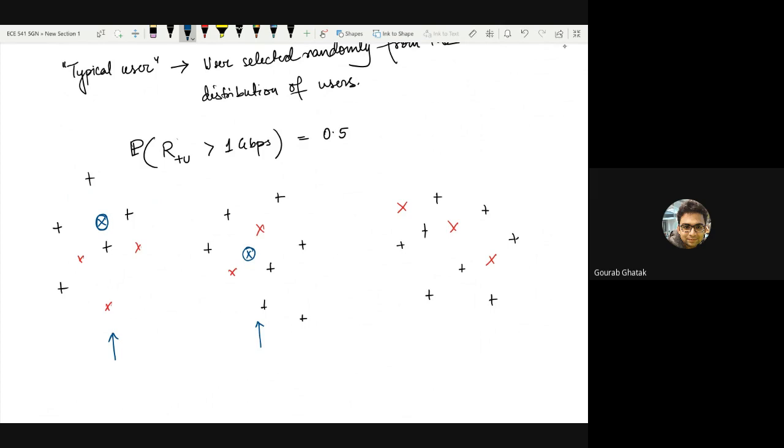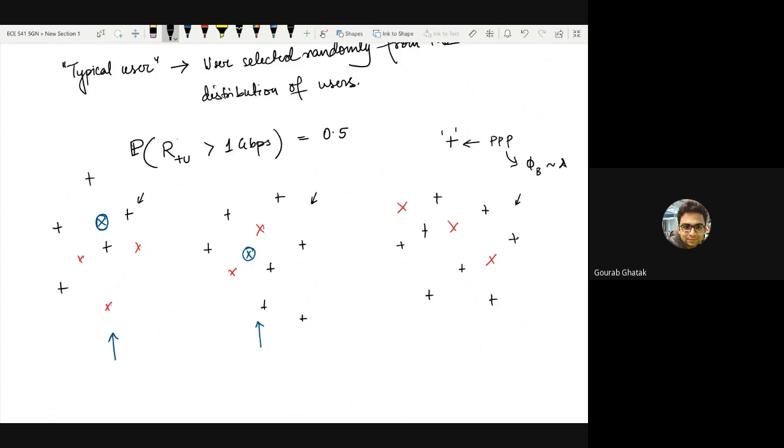Remember, across all these realizations, the point process is governed by the same intensity. The point process of the base stations always has the same lambda. It's the same lambda in the first example, the second example, and the third example.